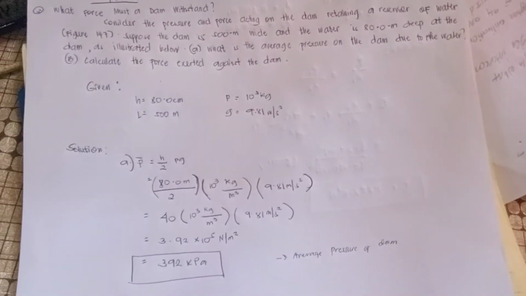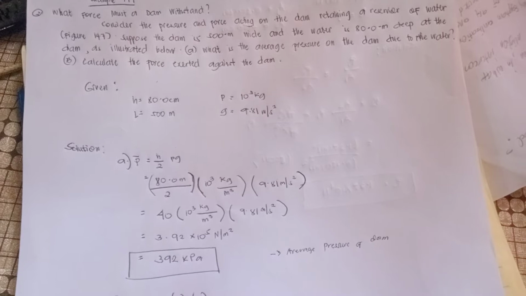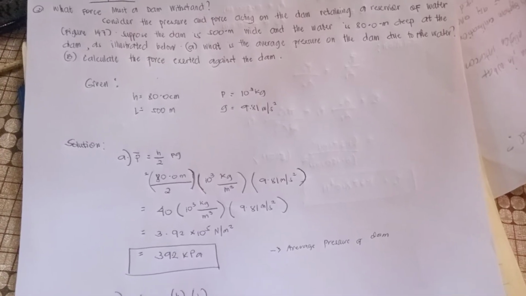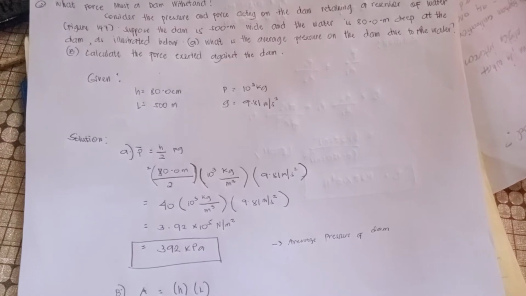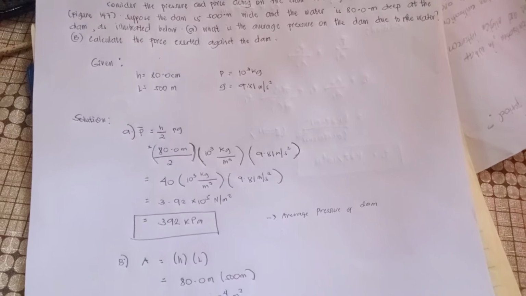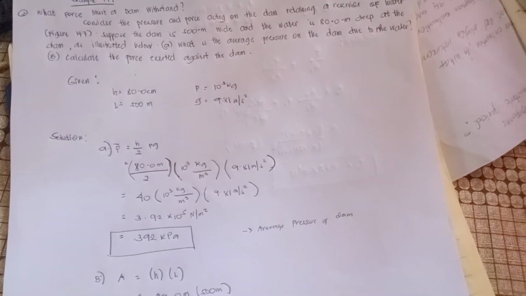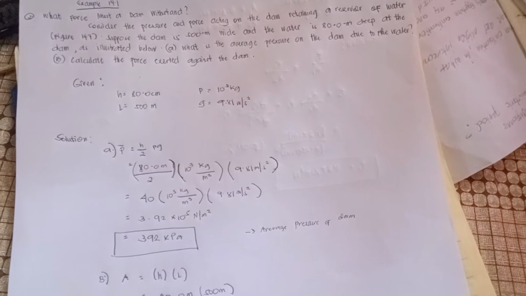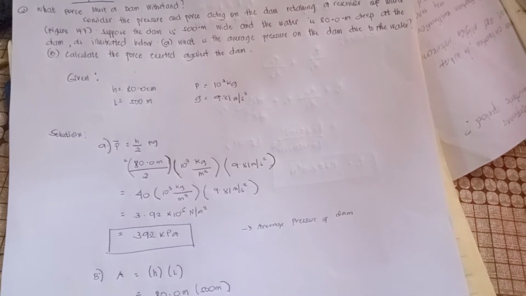So, given H, which equals 80.0 meter, and L, which equals 500 meter, and rho, which equals 10 cubed kilogram per meter cubed, and gravity, which equals 9.81 meter per second squared. A, so the solution for A. What we are looking for is the average pressure on the dome due to the water.